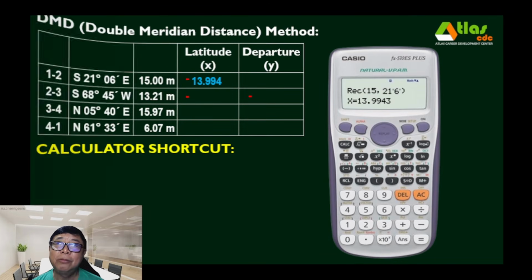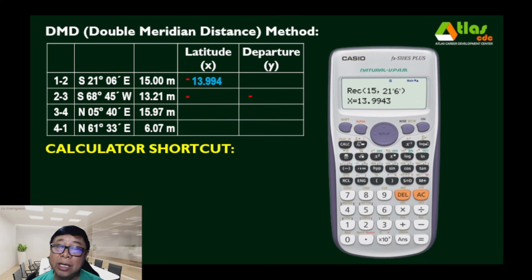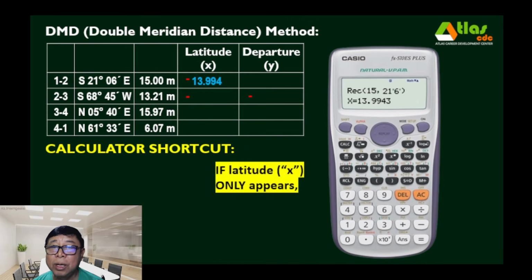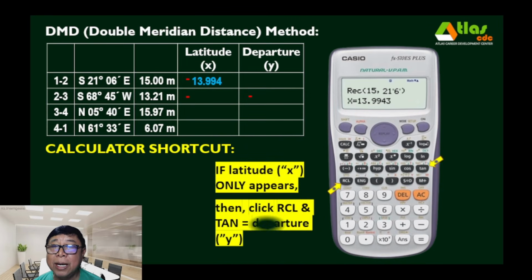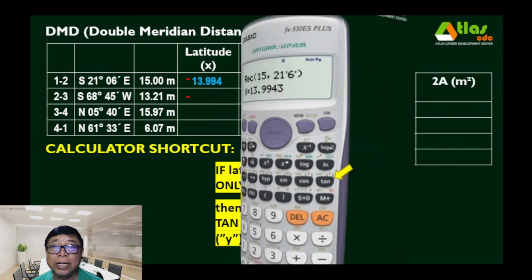For example, you only see on your calculator screen the value of x, which is 13.9943. Then you have to press these two buttons, which are RCL and TAN. Once you press those buttons, you will now see on your calculator screen the value for the y.